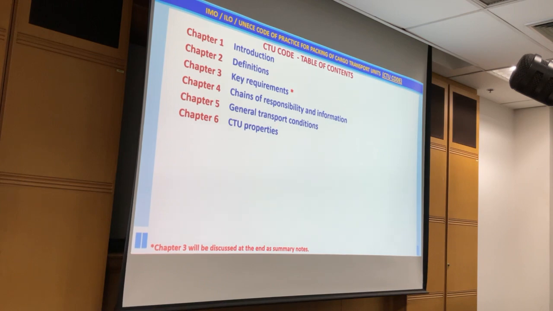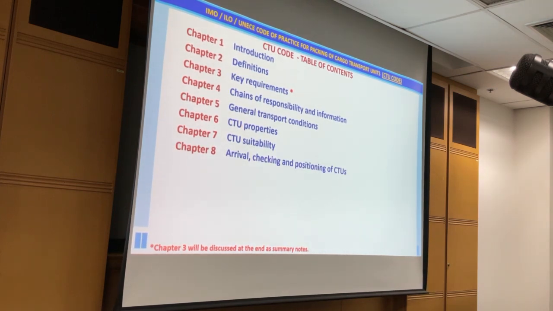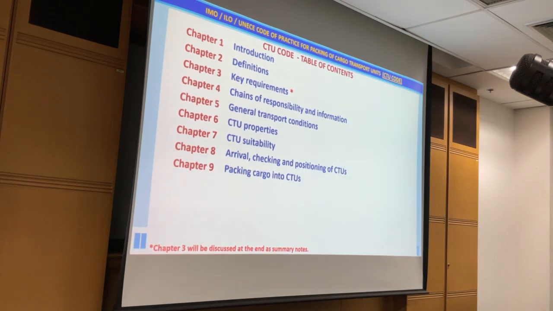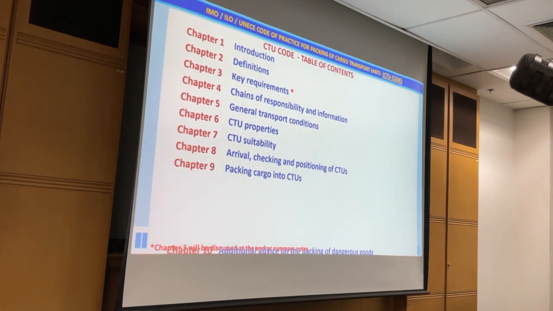Key requirements, chain of responsibility in the supply chain, the responsibilities, general transport conditions, then it tells us about CTU properties, CTU suitability, then the arrival and checking of CTUs. They arrive empty first. We check them. Then we pack cargo into the CTUs.